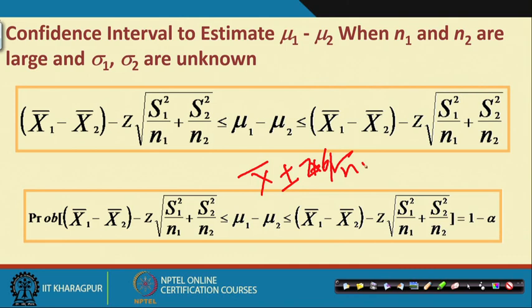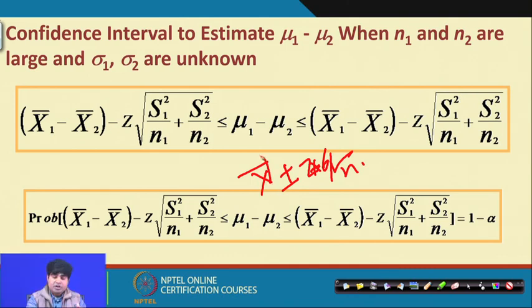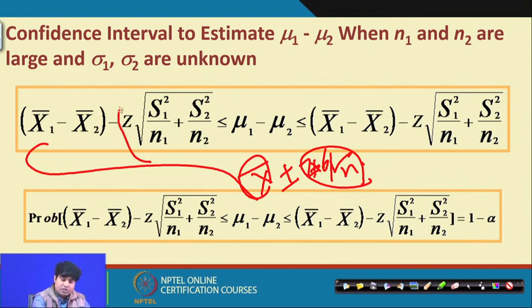In the same way, here instead of x bar we report x1 bar minus x2 bar, the difference between the two sample means, and in place of sigma by root n we put the standard error of the mean difference, that is, the square root of S1 square by n1 plus S2 square by n2. Taking the difference of the sample means and the z value, you will find the lower bound and the upper bound.